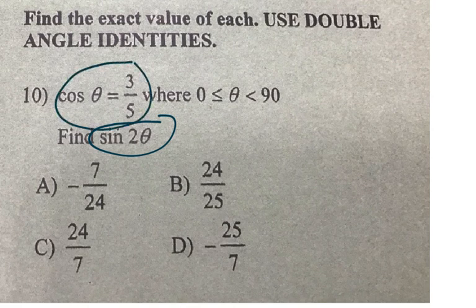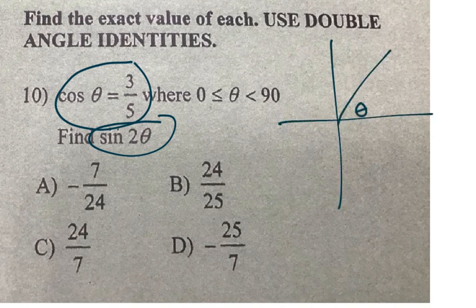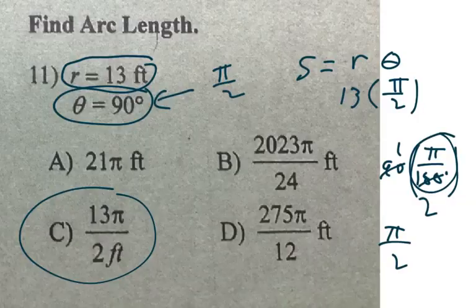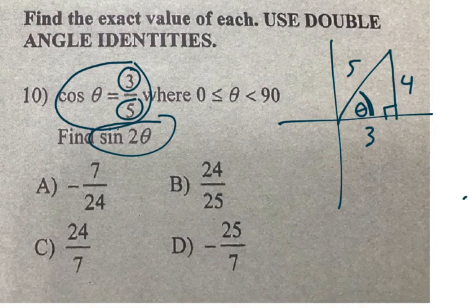So the first thing I would do actually is I would do a quick sketch. Remember, cosine is adjacent over hypotenuse, right? So if this is my theta, and I'm in the first quadrant, basically always go to the first quadrant for the most part, I notice that my adjacent is 3, my hypotenuse is 5, so I could do Pythagorean theorem and know that's 4, right? Hopefully you know your 3, 4, 5, but if you don't, you're going to maybe have to do Pythagorean theorem.